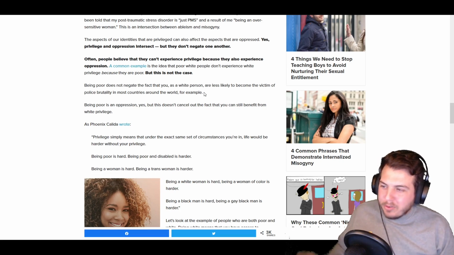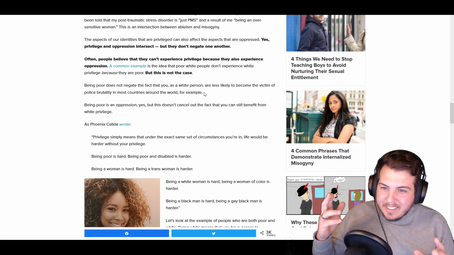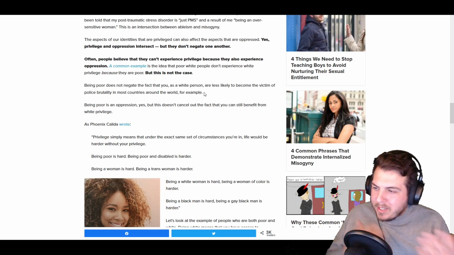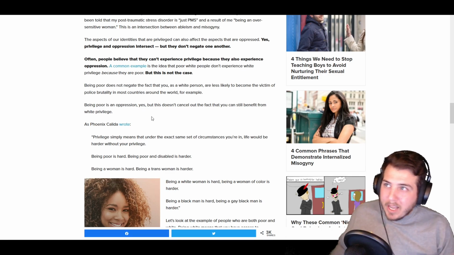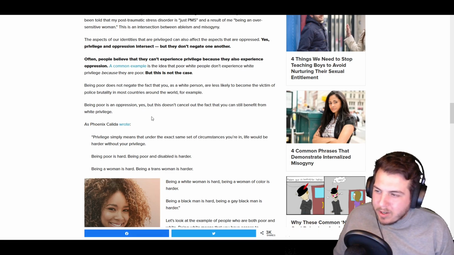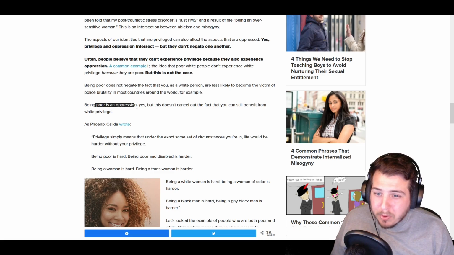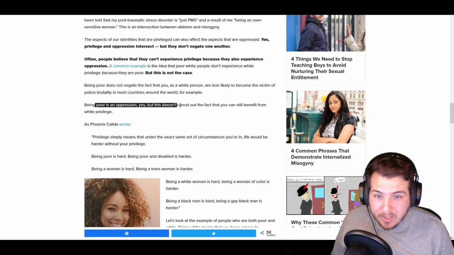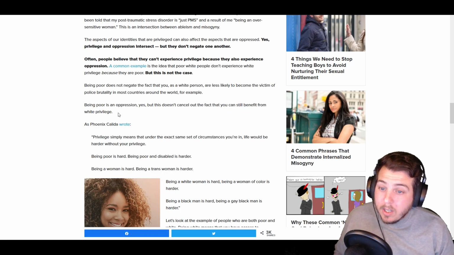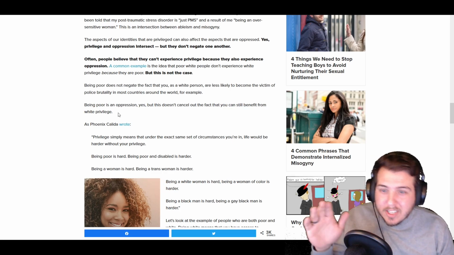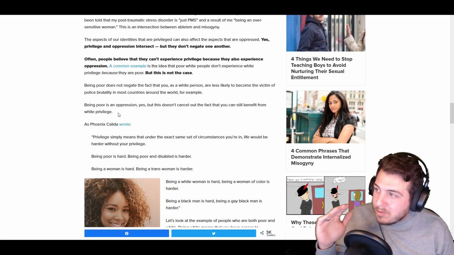I don't know how you're jumping from being poor to being abused by cops. I don't see black people who are poor being abused by cops. Being poor is an oppression, yes, but that doesn't cancel out the fact that you can still benefit from white privilege. Please, okay, I understand this article was written in 2014.